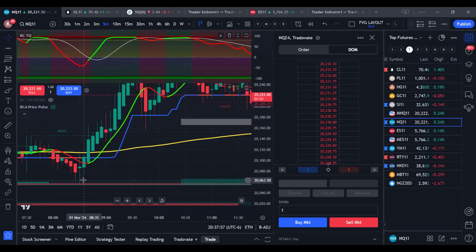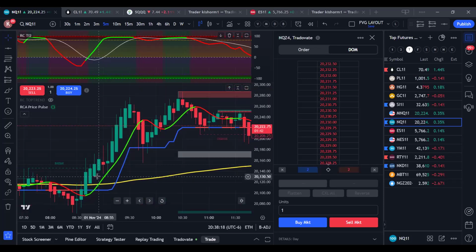It broke the low and then started going up, and then tested the order block or the fair value gap. A fair value gap is nothing but a small order block with some buy orders. If it is a green rectangle, a green box, that is a small order block. So whenever price goes up and touches that order block, that is where you go long.